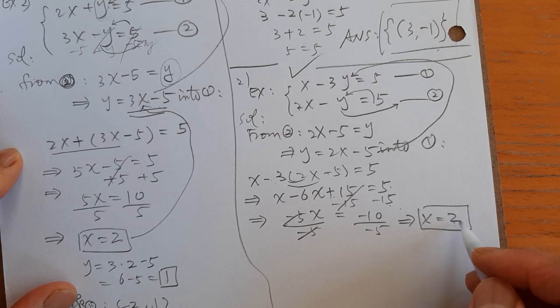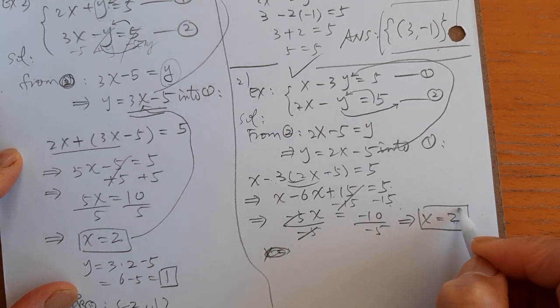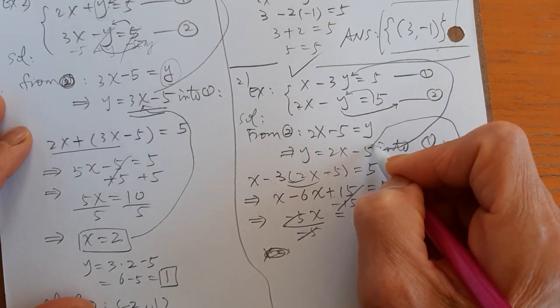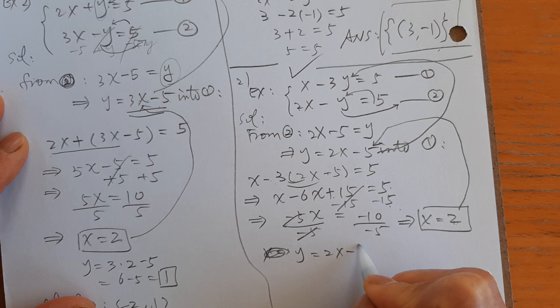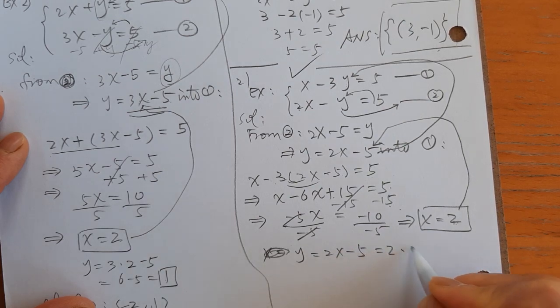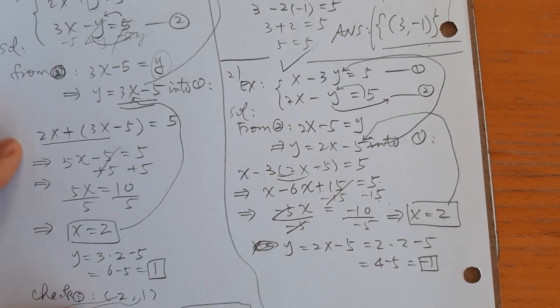Then you do x equal 2, and you plug this in to get y. So y is 2x minus 5. 2 times x is 2, minus 5. 2 times 2 is 4. 4 minus 5 is negative 1.